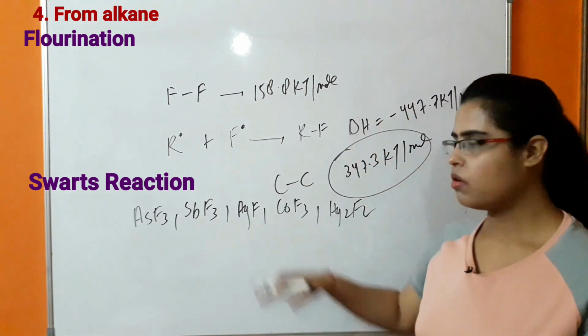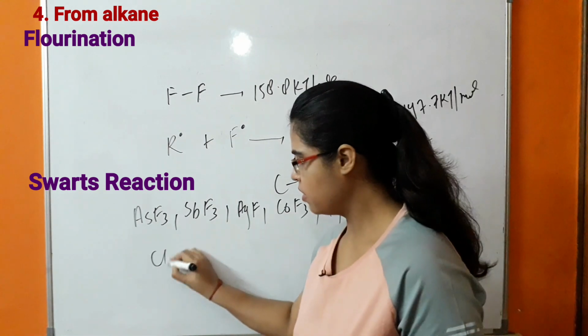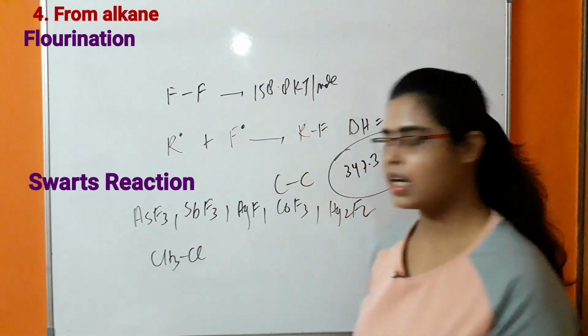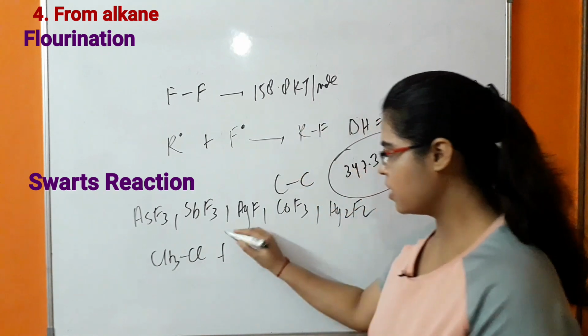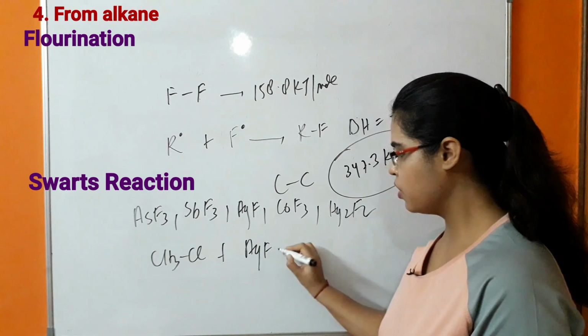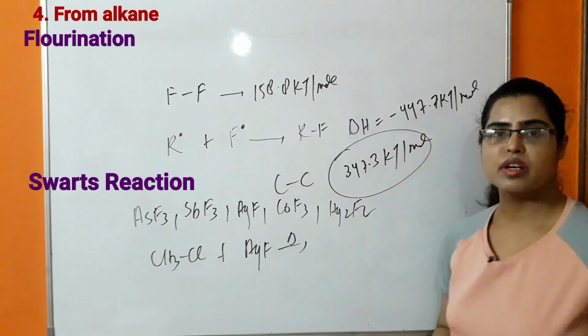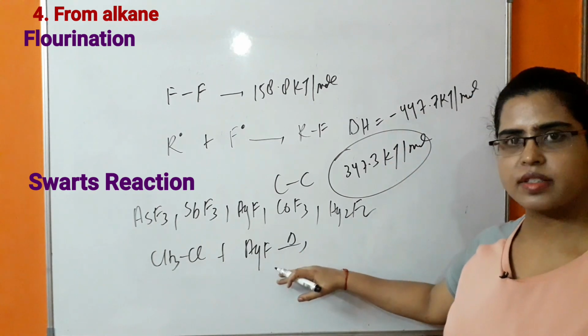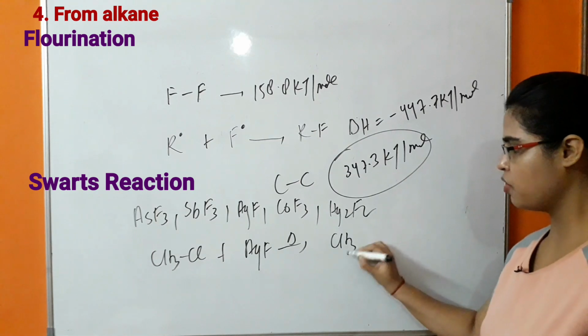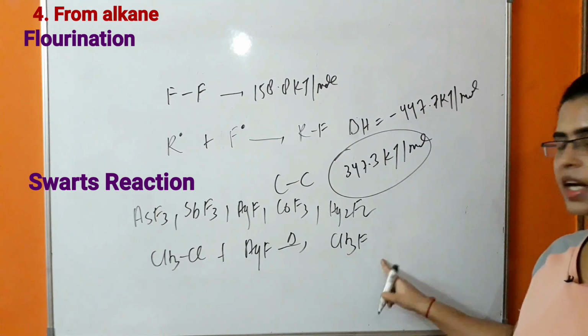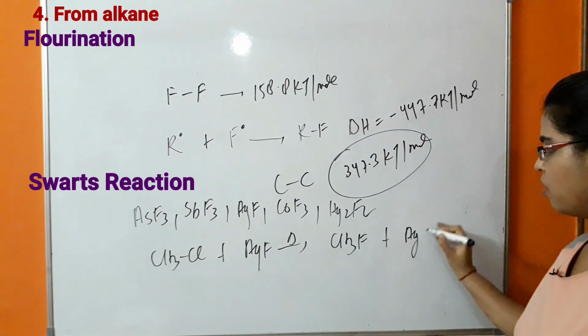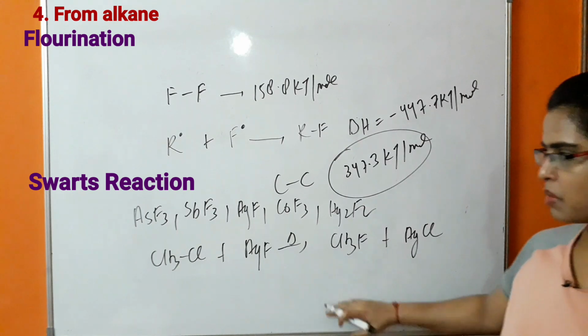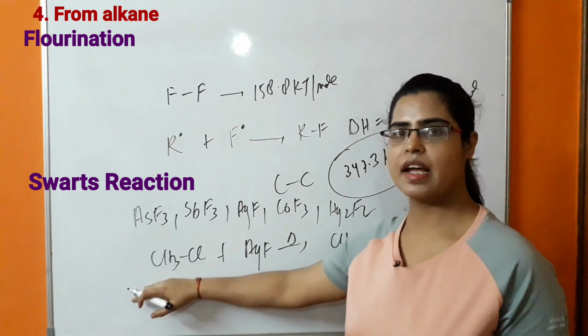So in the presence of inorganic fluoride, when we take alkyl chloride and react with AgF, there will be replacement of halogen, due to which there is a formation of methyl fluoride and removal of AgCl.